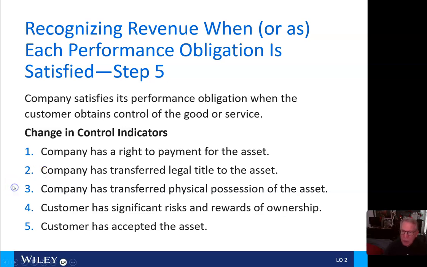Number 3, the company has transferred physical possession of the asset. Number 4, customer has significant risks and rewards of ownership. And 5, the customer has accepted the asset.